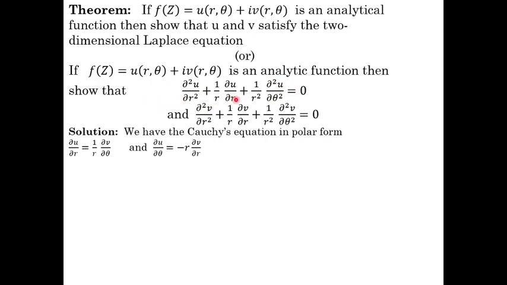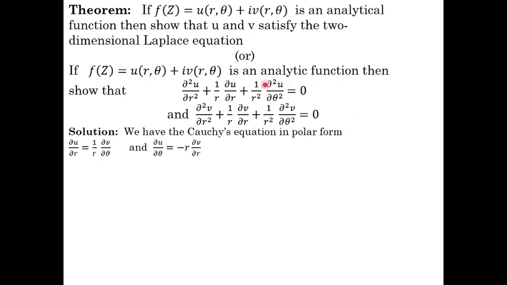In the LHS, what can we see here? u is differentiated with respect to r twice. Here we already have the first order derivatives, so we apply only one more derivative. ∂²u/∂r² means we differentiate ∂u/∂r with respect to r.